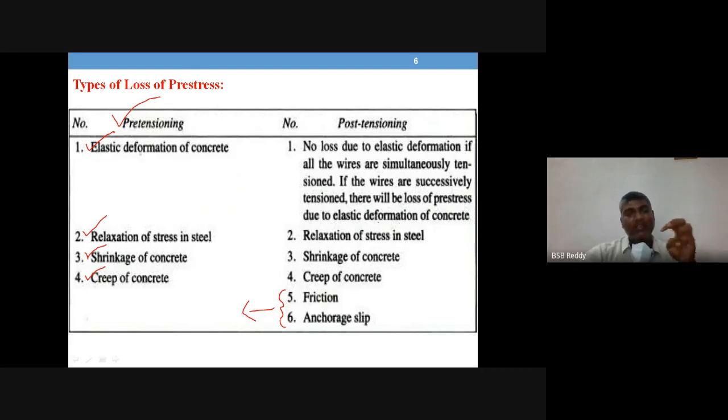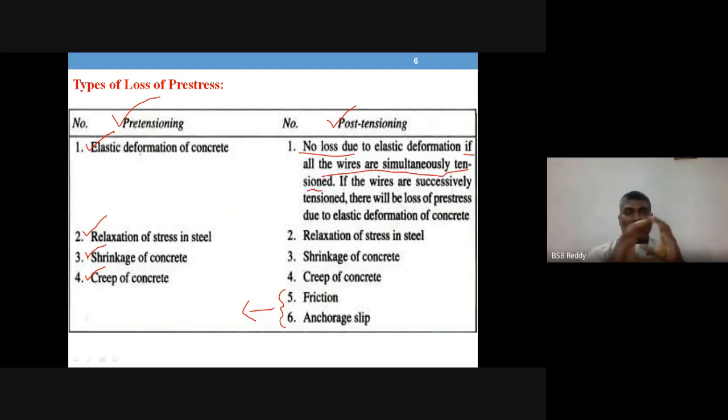That is what happens in pre-tension members. When it comes to post-tensioning members, losses due to elastic shortening of concrete will not be there if all the wires are simultaneously tensioned.